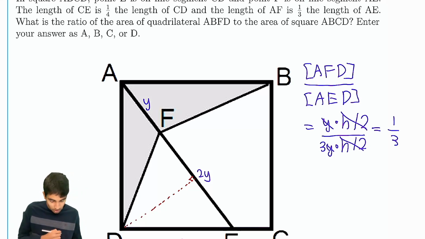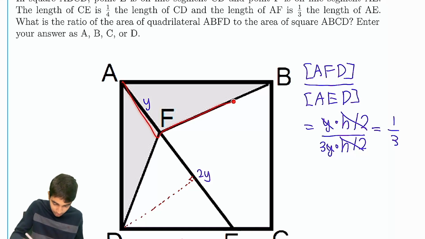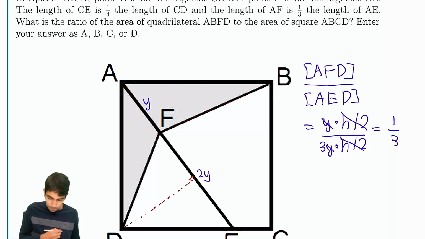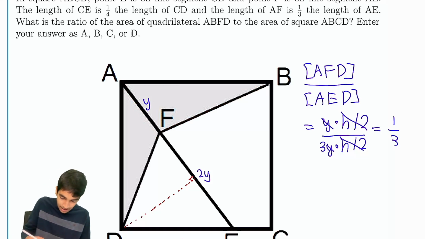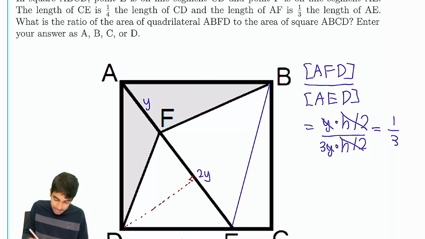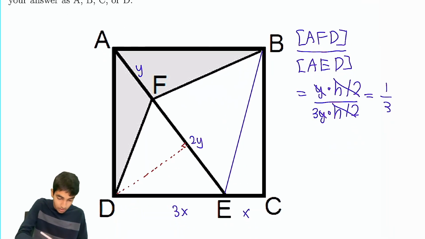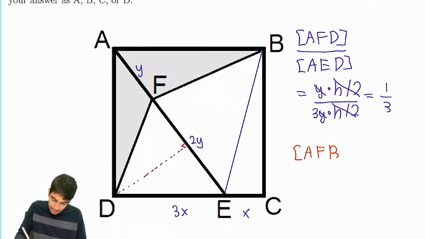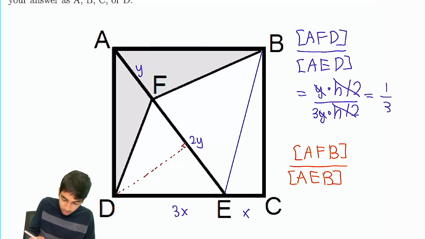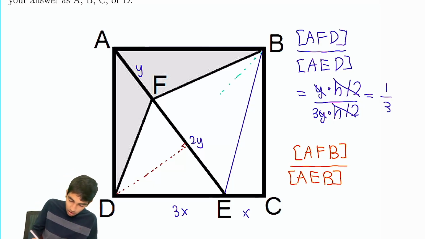So, what about this triangle over here? We can do the exact same logic, but in this case, we'll look at the ratio of the area to B. We have the ratio of AFB to AEB. Take a look. Again, we can draw the altitude here. Let's call this h2 because we don't want to use the same variable again.